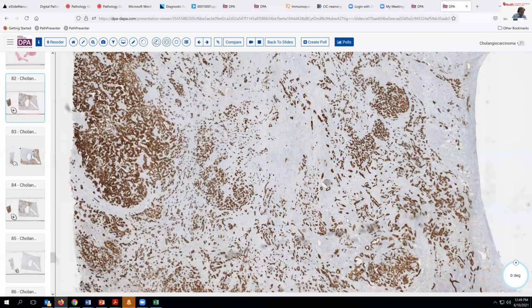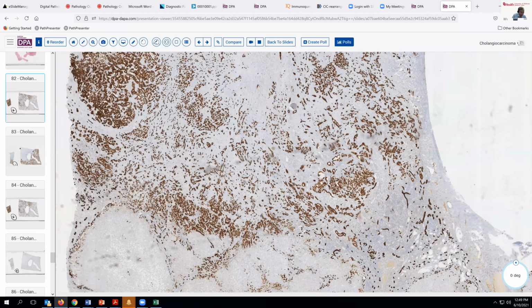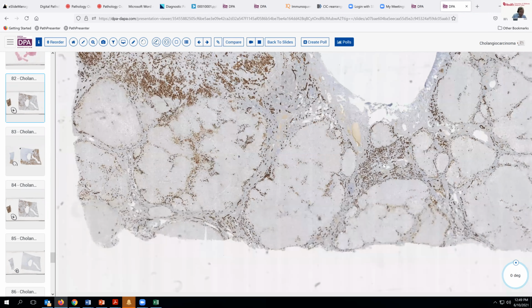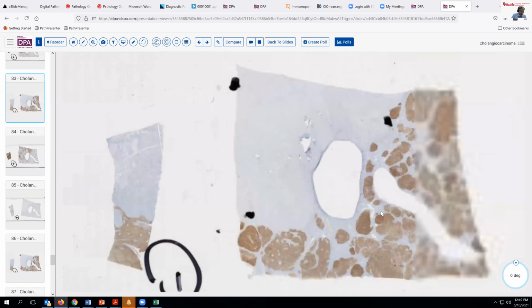They highlight very, very easily with CK7, and you have the normal biliary epithelium as your internal control. In contrast, looking at the HepPAR, we see obviously the tumor is negative, surrounding cirrhotic liver, nicely positive.